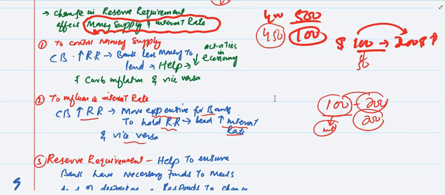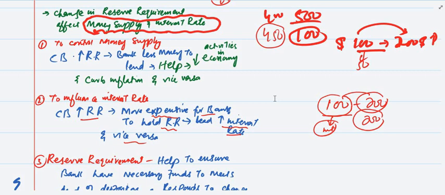So banks must hold a larger portion of their deposits in reserve, which means they have less money available to lend. This reduction in available funds can increase the cost of borrowing for consumers and businesses, as banks may need to charge a high interest rate to maintain their profit margin.